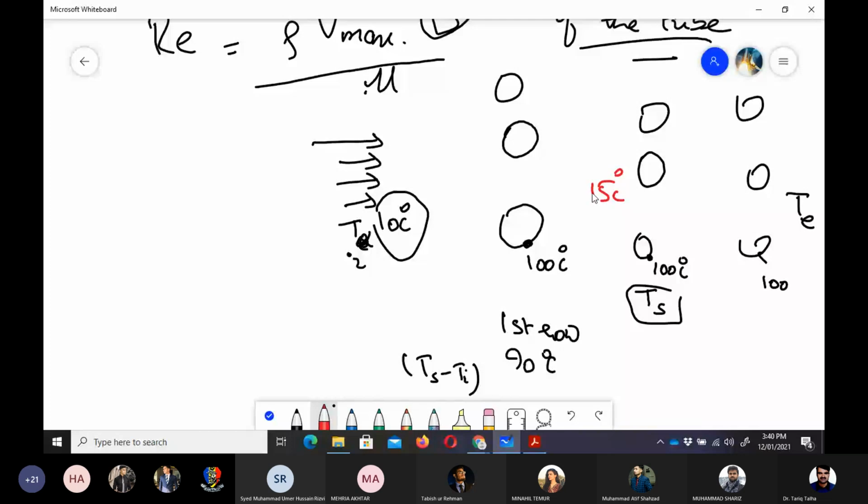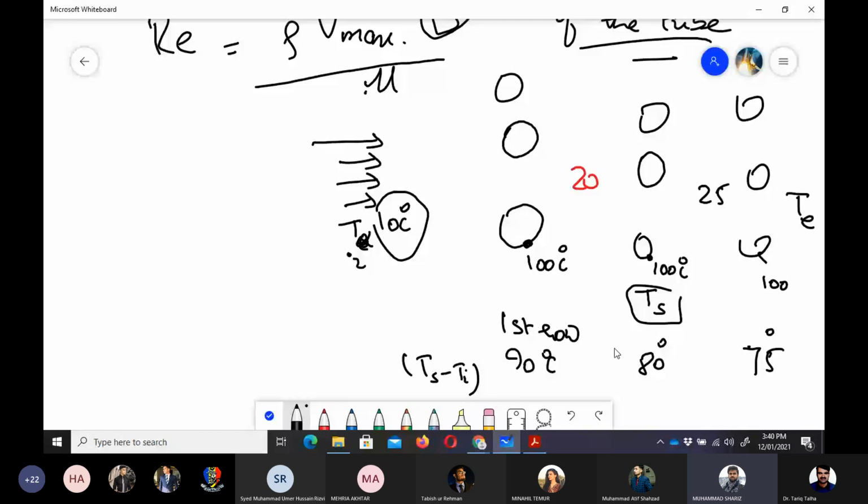Maybe I call it 20 degrees here. Now the temperature difference between Ts and this, at the second row, is 80 degrees. It means that the heat transfer would decrease, and then maybe here it would be 25, and here the temperature difference would be even less, 75 degrees. Are you getting this, everyone?